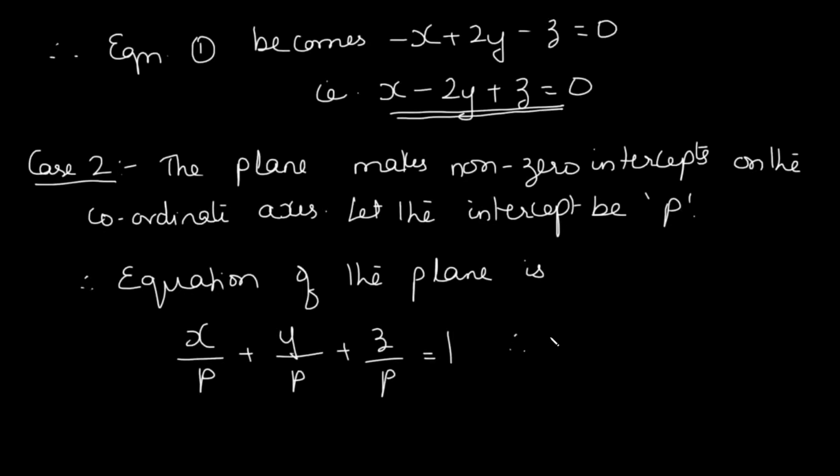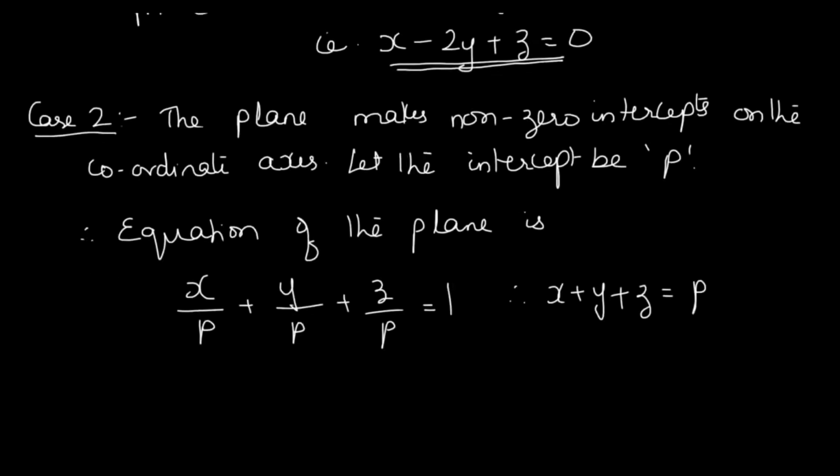Therefore, cross multiplying, we get x plus y plus z is equal to p in this case. Now, the plane passes through the 2 points A and B which have the coordinates 1, 2, 3 and 3, 2, 1. So that fact we are going to make use of over here.